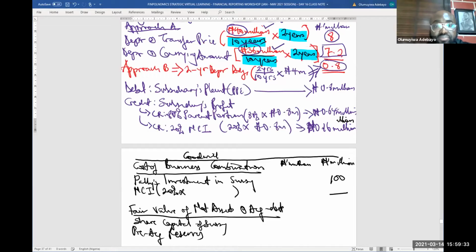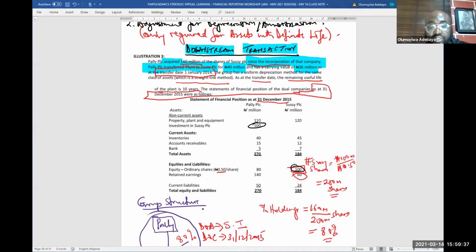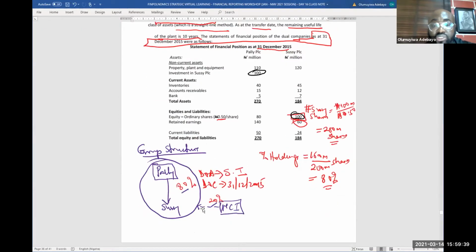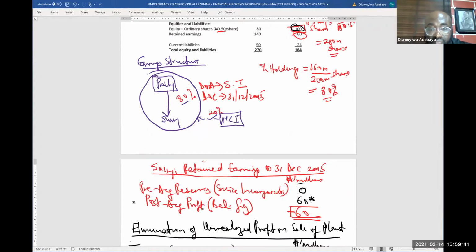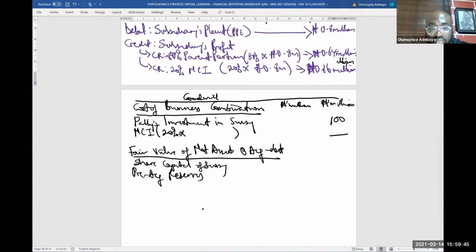What is share capital? 100. What is pre-acquisition reserve? 0. If I come here, I say 100 and 0. That gives me 100.